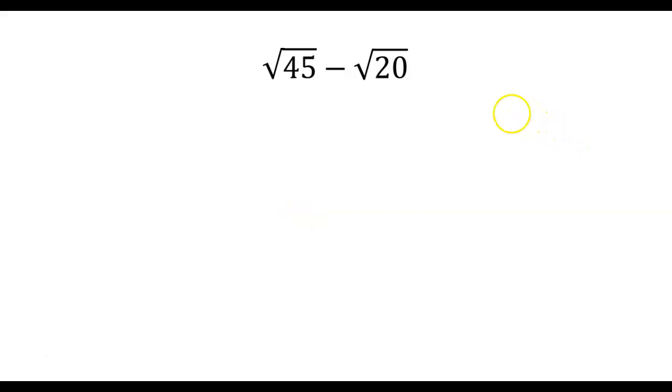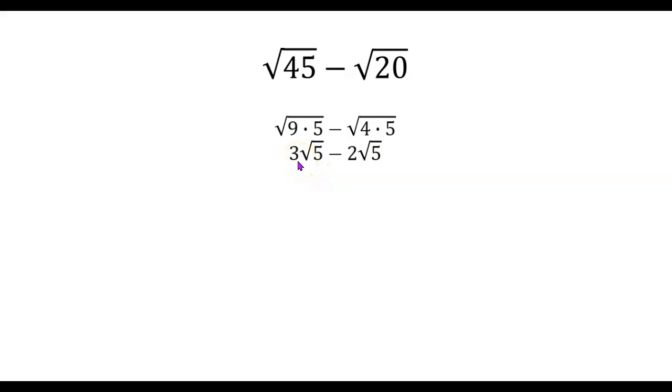Remember how we talked about simplifying radicals? We can take the square root of 45 and break it up into the square root of 9 times 5, and then the square root of 9 is 3, and the square root of 5 is just the square root of 5. And we can do something like that with the square root of 20. 20 factors into 4 times 5, so the square root of 20 would be the square root of 4, which is 2, times the square root of 5, which is just the square root of 5.